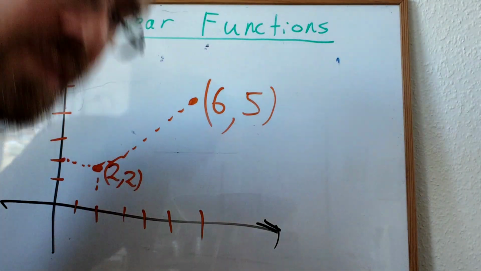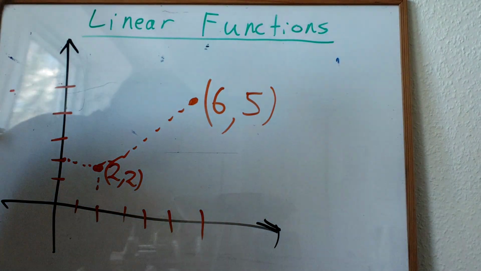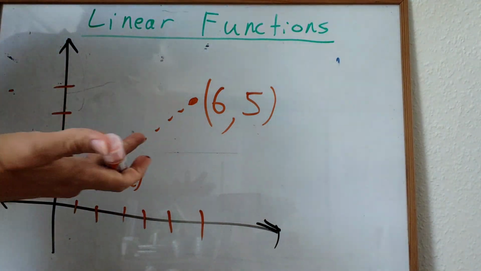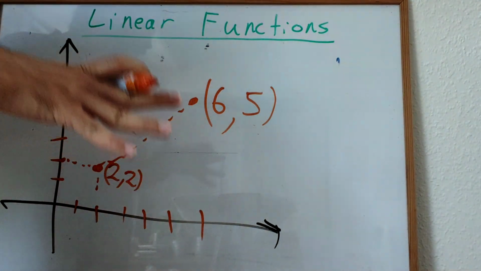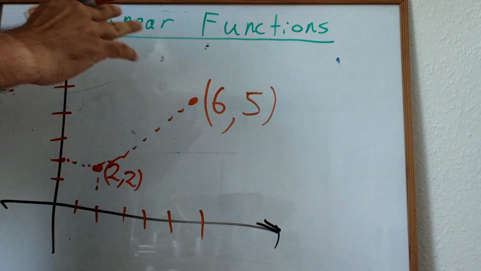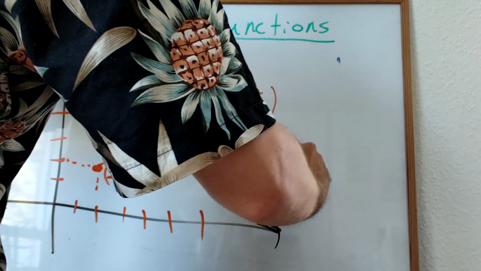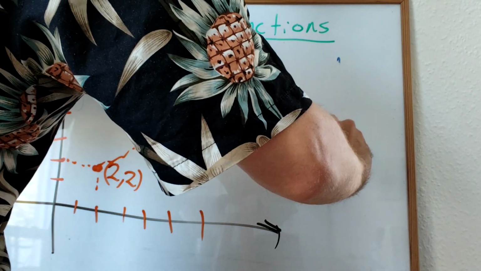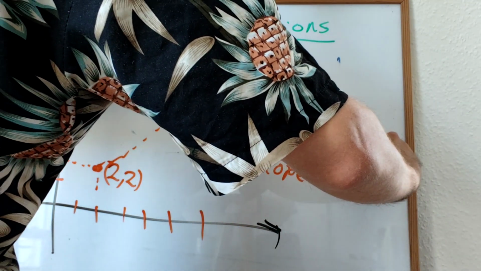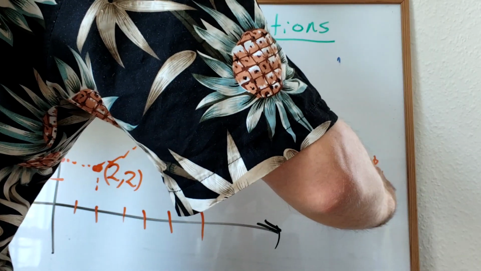And really, that's enough for us to sketch the straight line, but it's not enough for us to actually talk about what the straight line is using slope and y-intercept. Now we're going to show how to do that. For that, we're going to use a formula. We can get slope by doing y2 minus y1 over x2 minus x1.